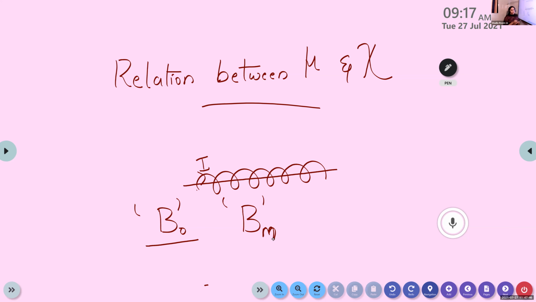Now, what about the total magnetic field produced by the solenoid? The total magnetic field is equal to the sum of the magnetic field produced by the solenoid in free space and the magnetic field produced in the presence of the iron core. So we get two magnetic fields: one in the presence of the material, and the other with the solenoid in free space.